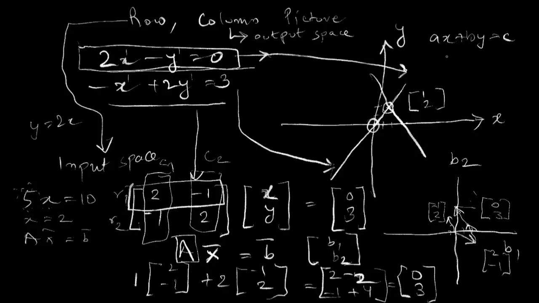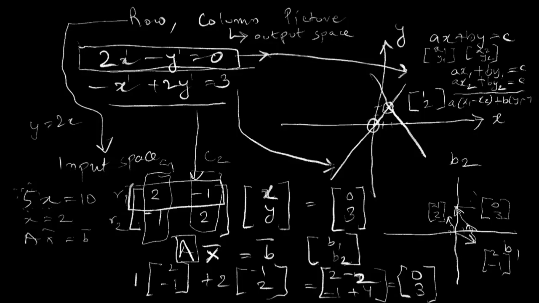Let's say I have 2 points, (x1, y1) and (x2, y2). If I put the first point, I have ax1 plus by1 is equal to c. If I put the second one, ax2 plus by2 is equal to c. If I subtract, what I get is a(x1 minus x2) plus b(y1 minus y2) is equal to 0.